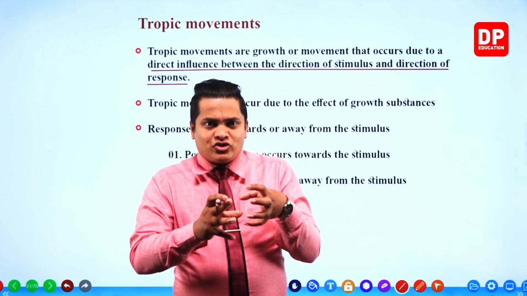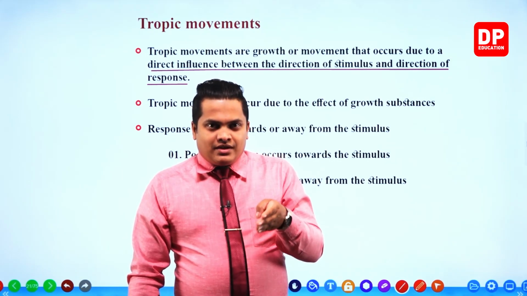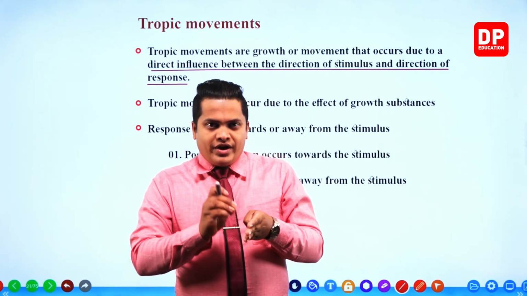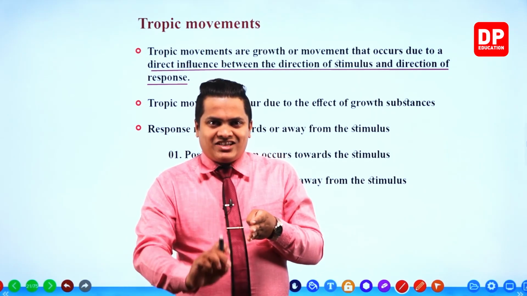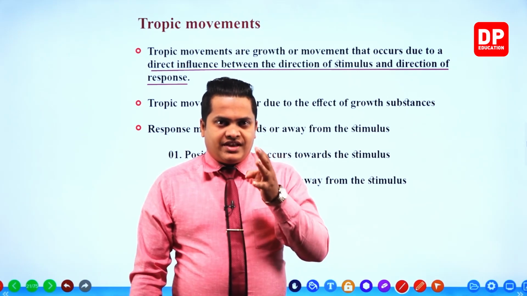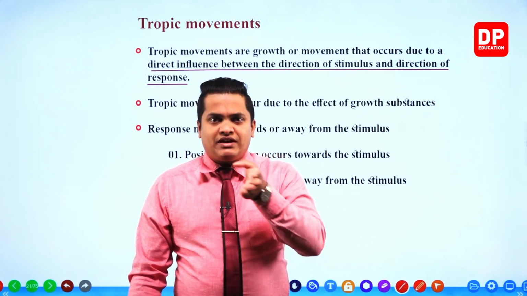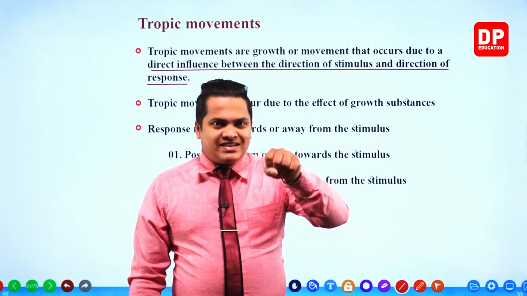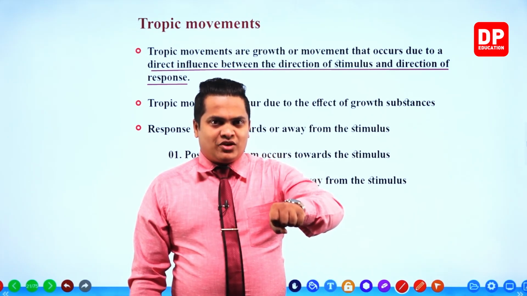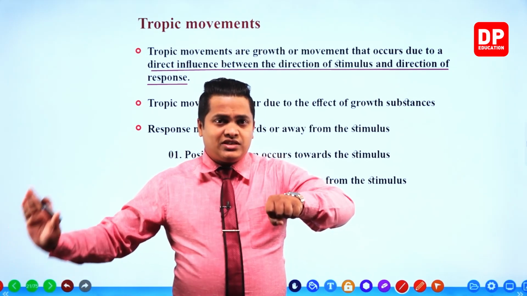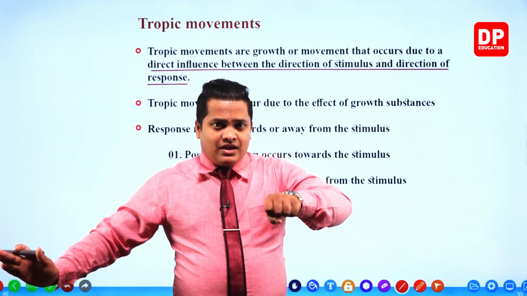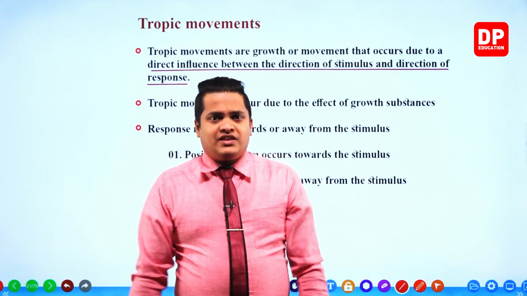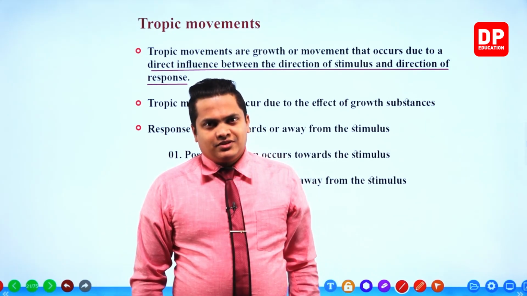There's a certain relationship. According to the direction of the snake, you are going to decide in which direction you are going to run. Definitely your running direction would be away from the snake, not towards. So there is a direct influence between the running direction, which is the response given, and the direction of the snake, which is the stimulus.